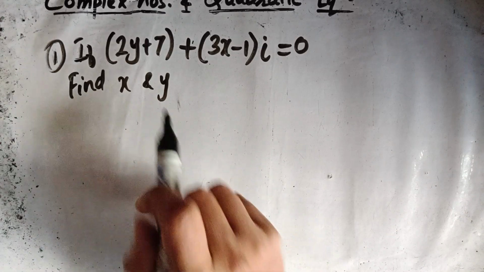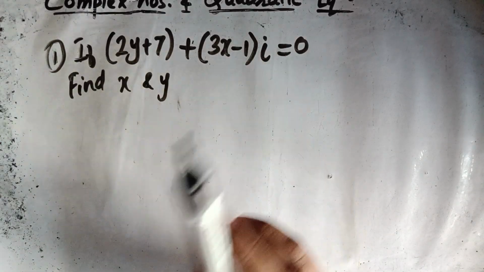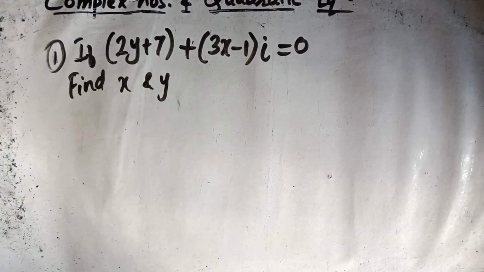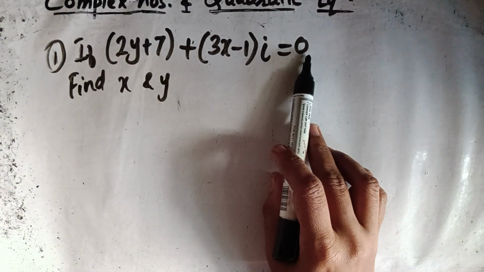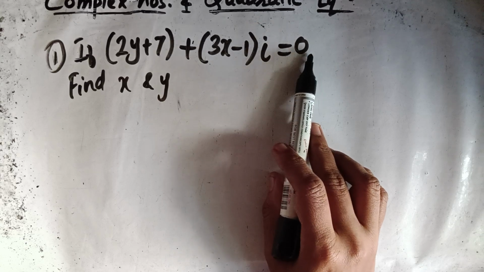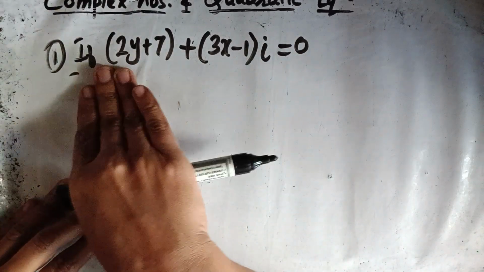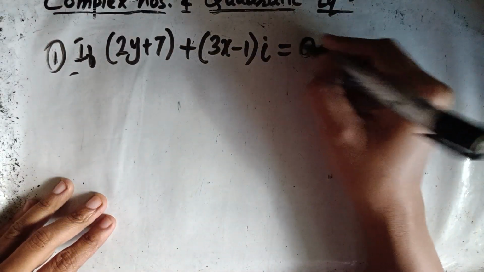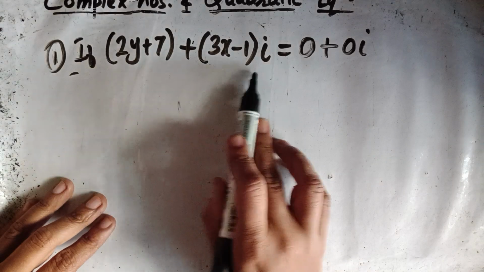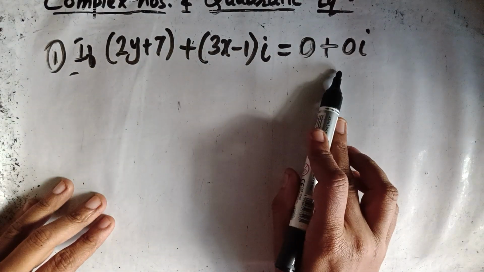Let's solve this. If this equation is given, you have to find x and y. Now you have to compare this with this side. This is given 0, so you can write it as 0 plus 0i. So both the complex numbers are equal.